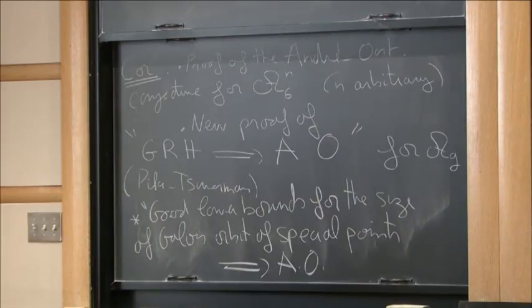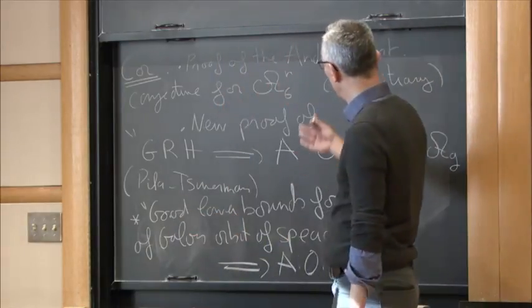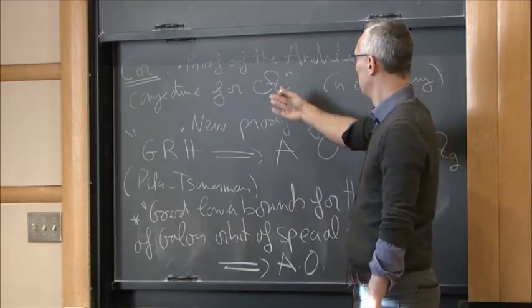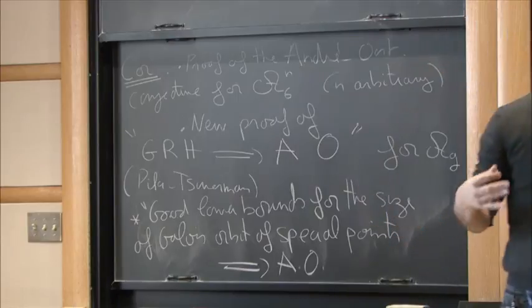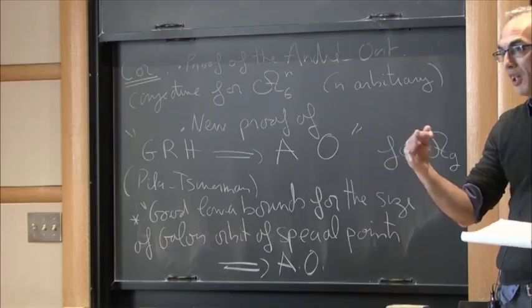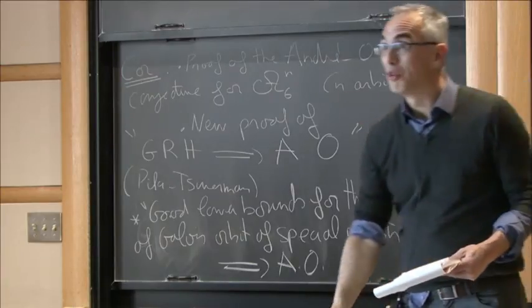So the main remaining issue is this kind of good lower bound, and the best result is due to Zimmermann, say for A6. There are some cases where you have this lower bound, but it's difficult to have the general statement.